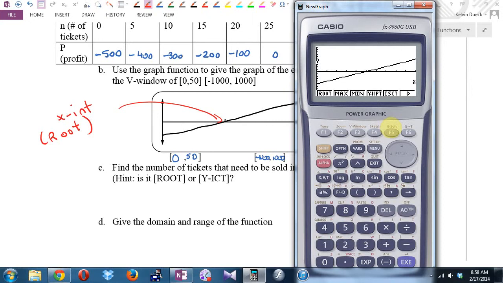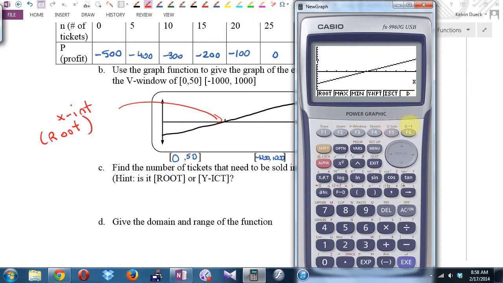What do you think y-iskt stands for? Y-intercept. What do you think iskt stands for? Give you a hint. We can't do it right now because we only have one equation on this graph. Okay, it stands for intersection. If you have two graphs, you want to find where they cross.